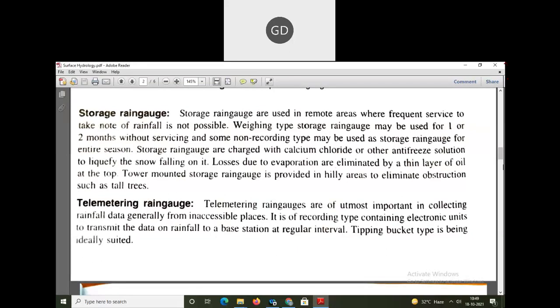Just write down: storage rain gauge and telemetering rain gauge. If the meeting ends, then no problem. On Wednesday we will again continue from where we stop.